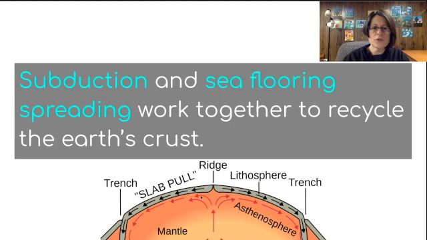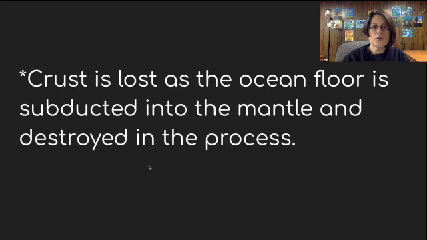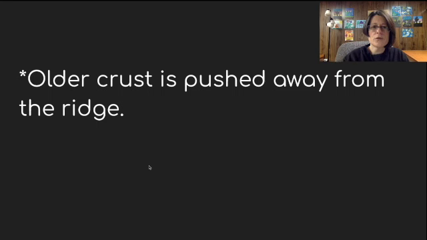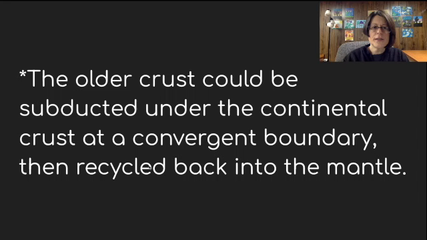So seafloor spreading, making new lithosphere, subducting over here and being recycled and going down and melted as part of the rock cycle. Crust is lost as the ocean floor is subducted into the mantle and destroyed in the process. The crust is replenished through the oceanic ridge and creates new crust. Older crust is pushed away from the ridge, and the older crust could be subducted under the continental crust at a convergent boundary, then recycled back into the mantle.